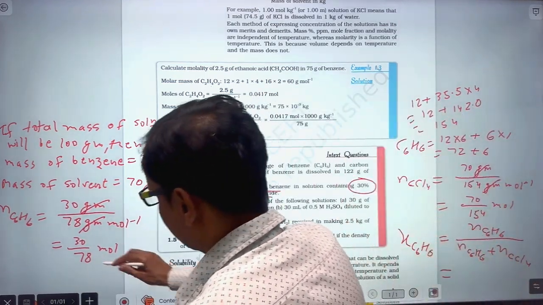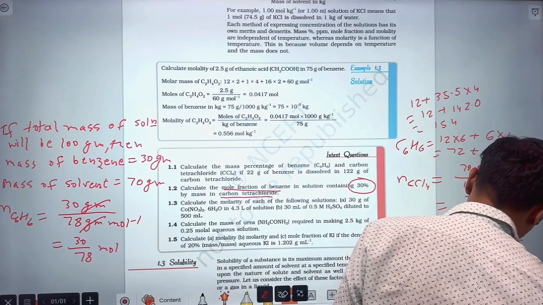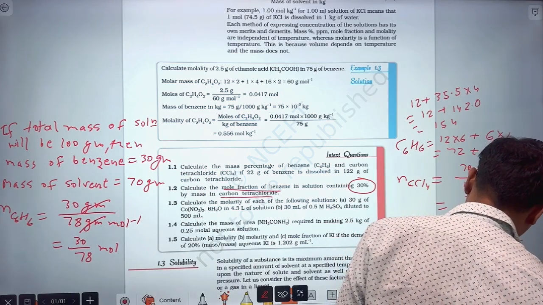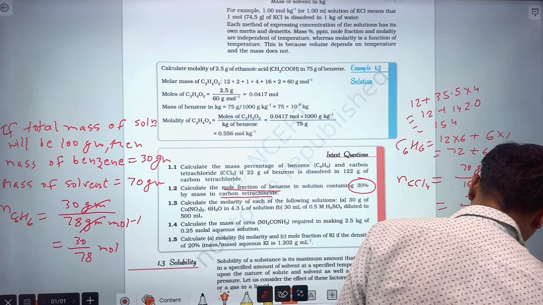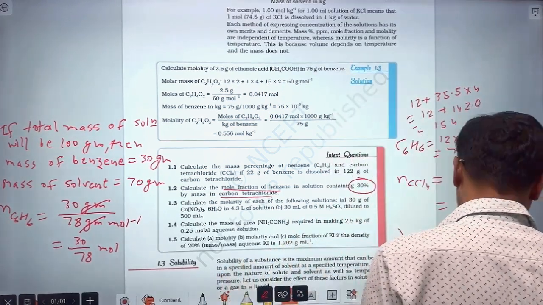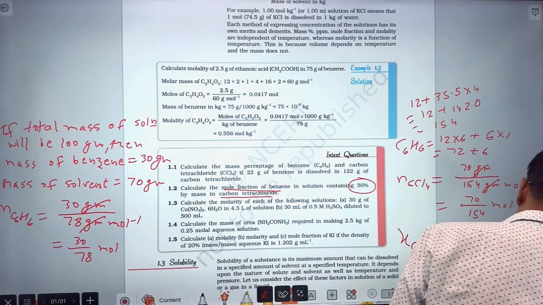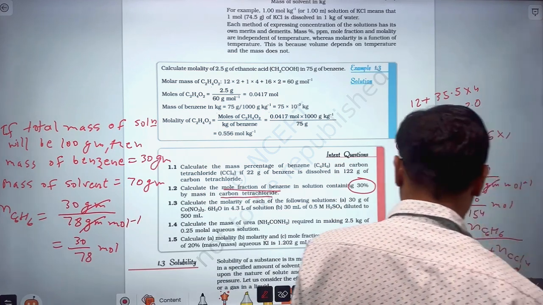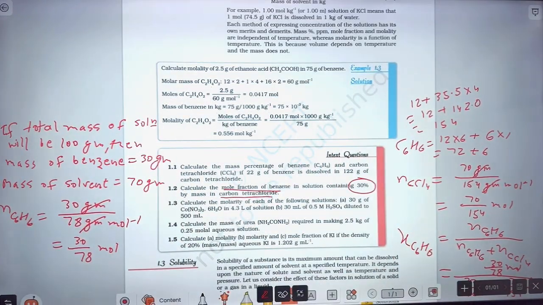Number of moles of benzene you have calculated is 30 upon 78 mole, divided by 30 upon 78 mole plus 70 upon 154 mole. Solve this question, that will be the answer. Okay guys, now proceed to the next topic.